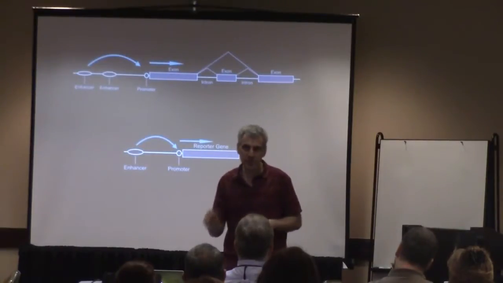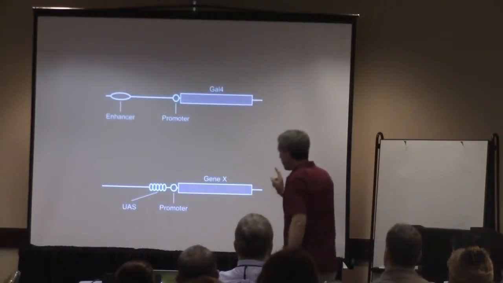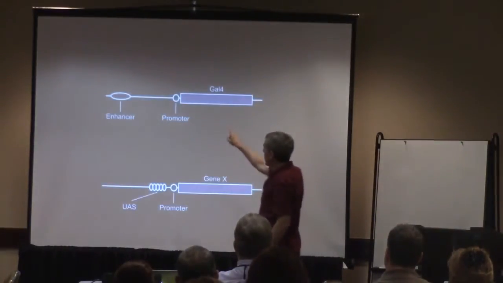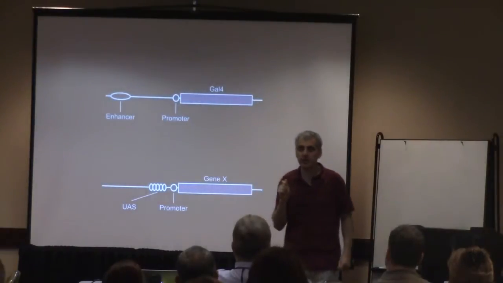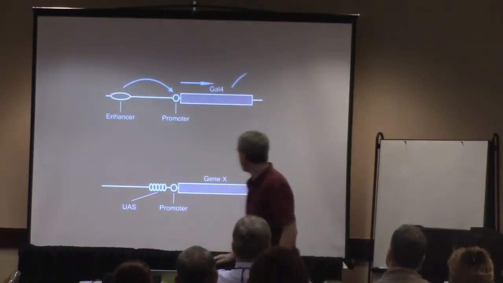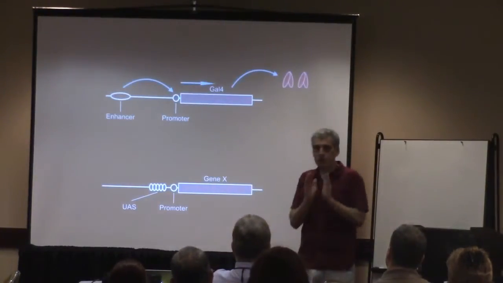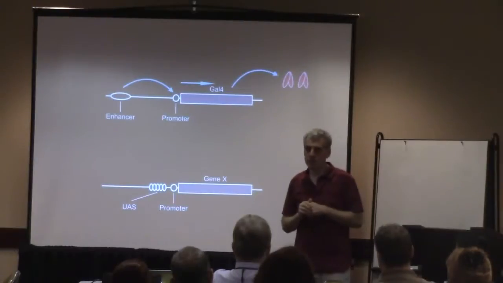We can now exploit this to do something even more interesting, which is we can take this enhancer and drive a special kind of protein called a transcription factor, in this case, GAL4. Now, GAL4 is very interesting because it produces a protein whose job is to bind DNA and then turn on whatever gene it's next to.